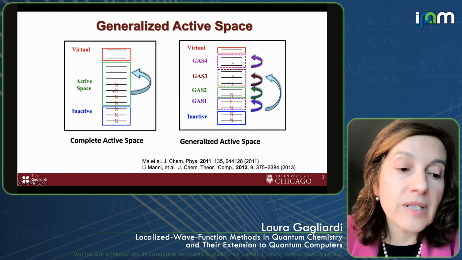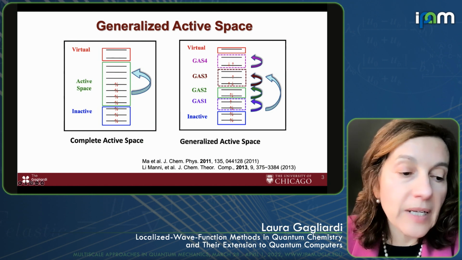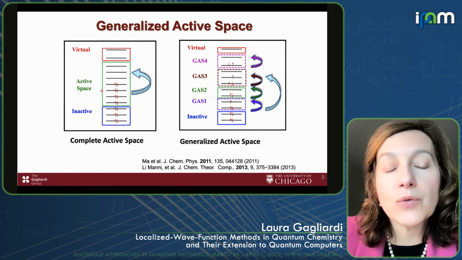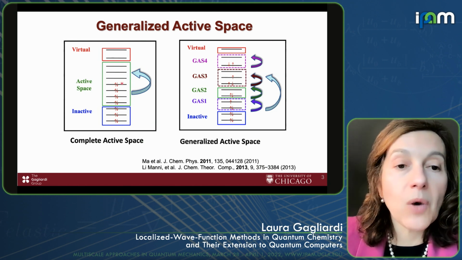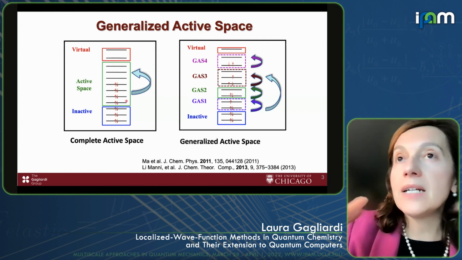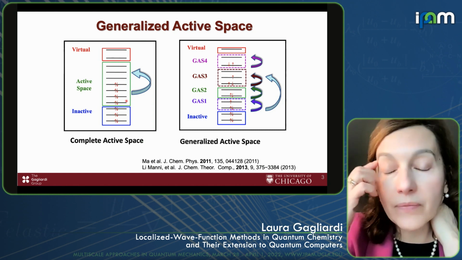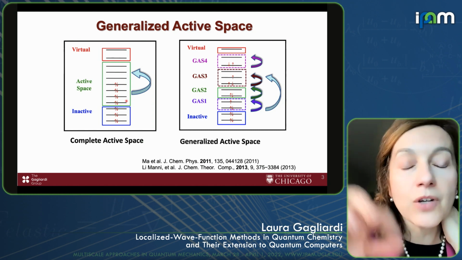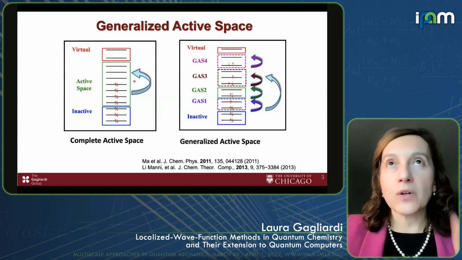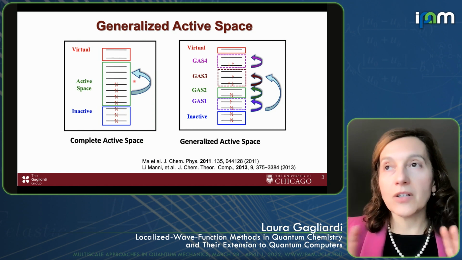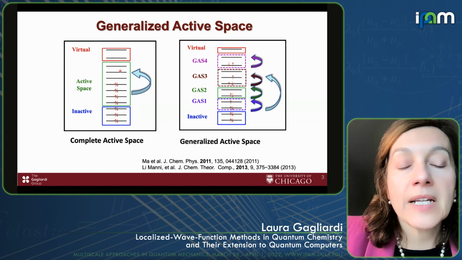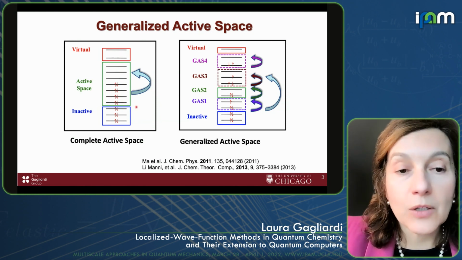I'm sure this audience is certainly familiar with this concept, but for those of you who are less familiar, the idea is, for example, if you have a molecule in your HOMO-LUMO region, or if you have a material where you have the valence and conductive band, instead of just saying my electrons occupy these orbitals in this static one-shot way, we take this window of orbitals and electrons and allow the electrons to occupy these orbitals in all possible ways.